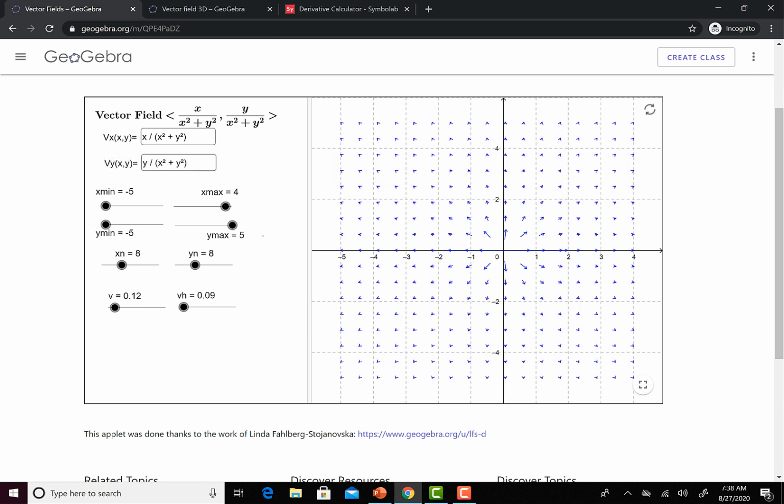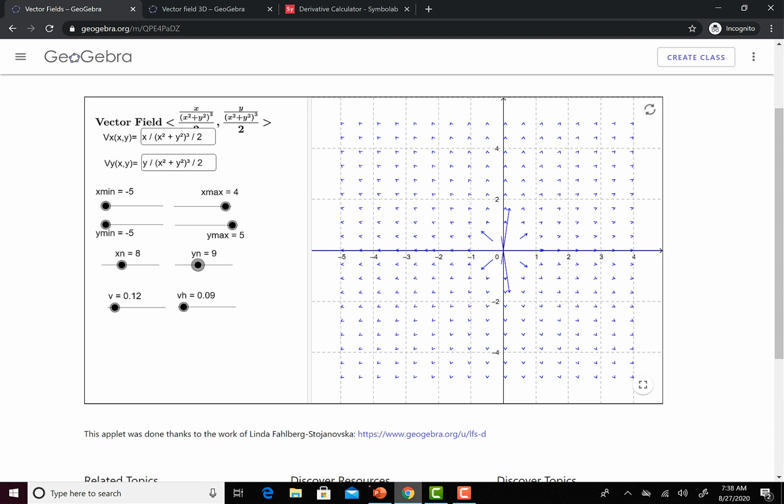Here you can see again that this is in 2 dimensions. If you calculate the divergence for this 2-dimensional field, you will see that it has a net divergence, or even if you have it to the power 3 by 2, it should still have a divergence.